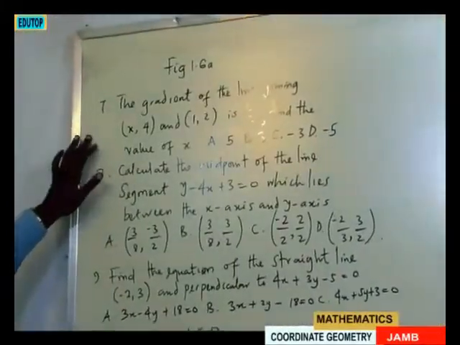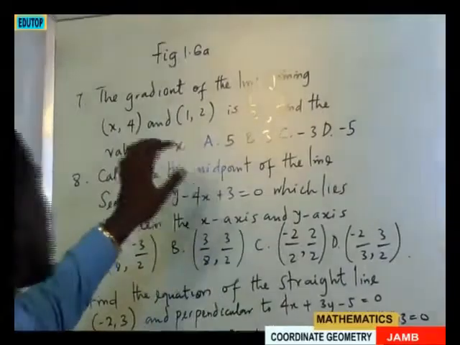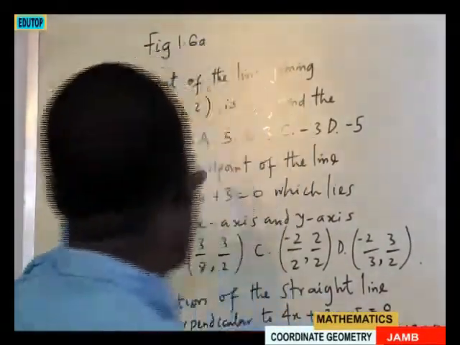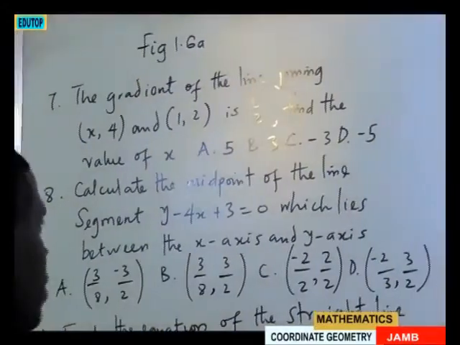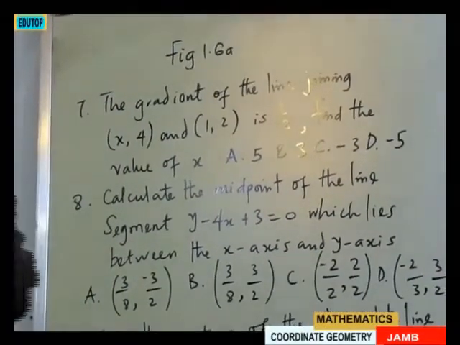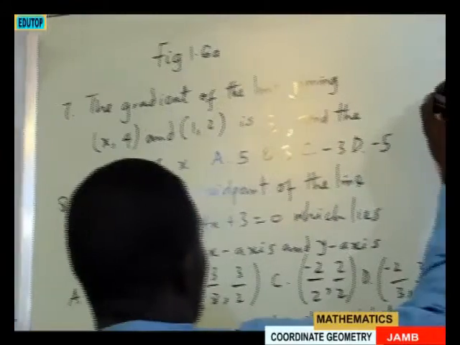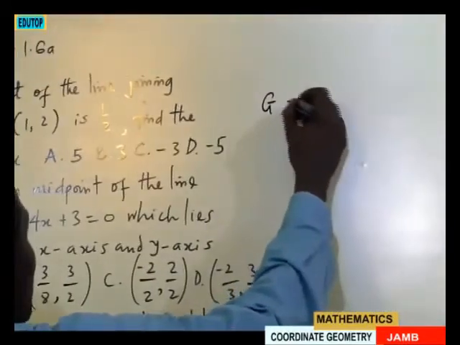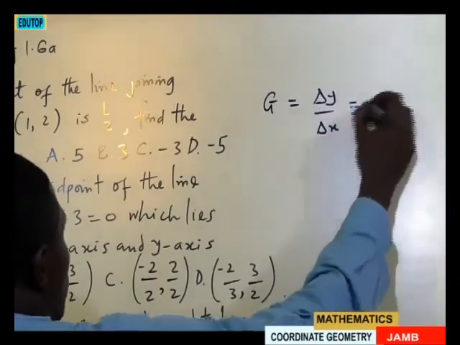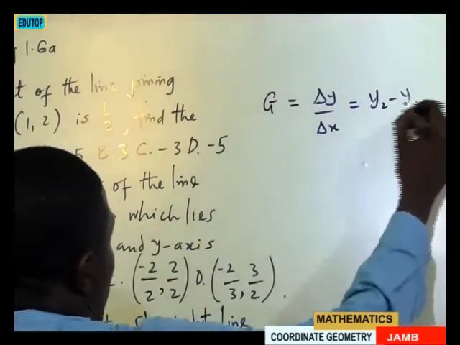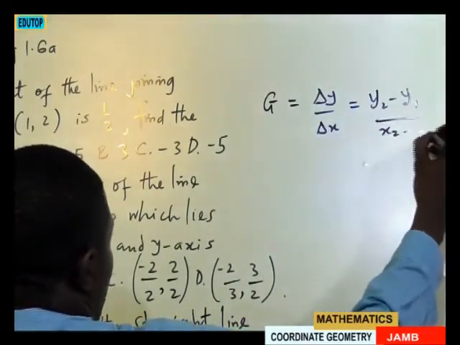Question 7. The gradient of the line joining x, 4 and 1, 2 is 1 over 2. Find the value of x. So in this situation, 2 points are given and the gradient is also given. You know that the gradient is delta y over delta x, which is y2 minus y1 over x2 minus x1.